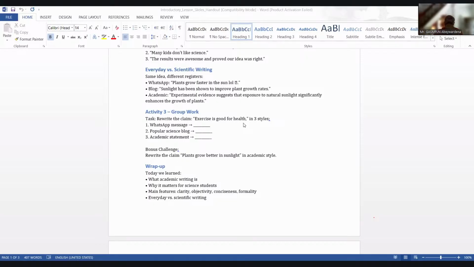How do we say it in the 3 different ways? Try to write: WhatsApp message, science blog and academic statement. Take about 5 minutes and write.